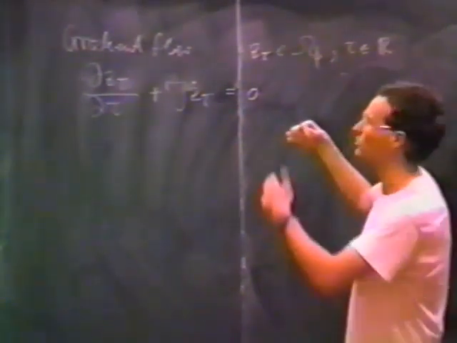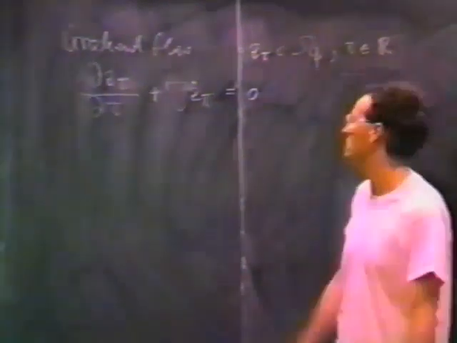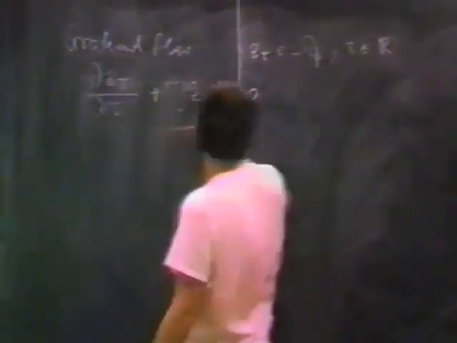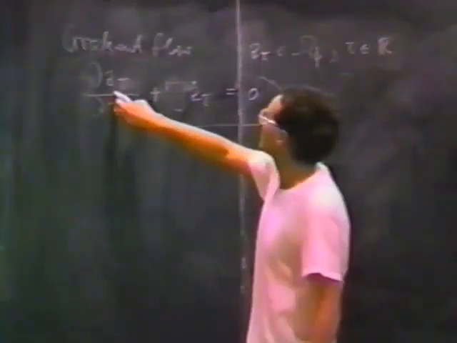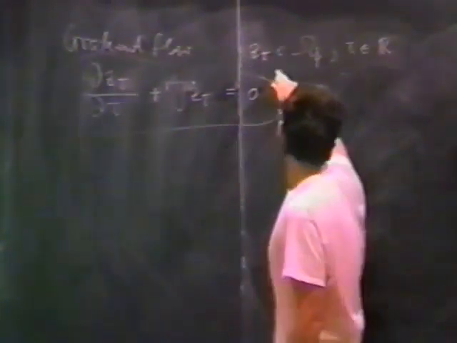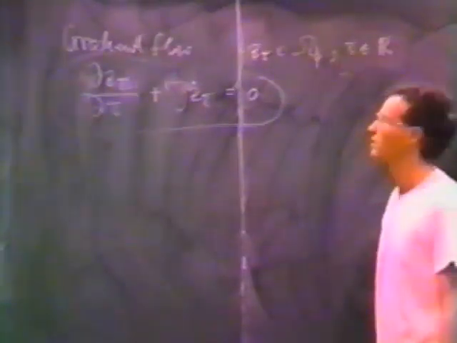In this case, the function decreases under the gradient flow. So I have to solve this equation and call such solutions trajectories of the gradient flow.